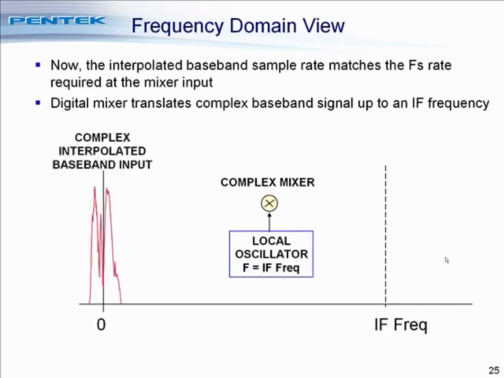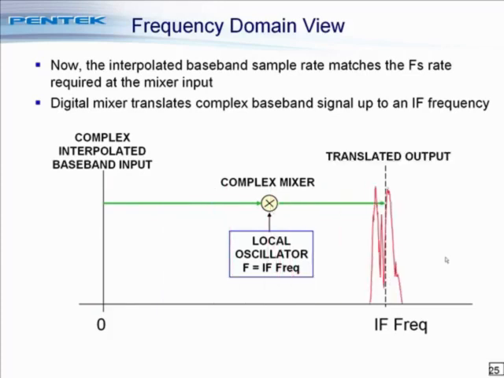So we start here with the complex interpolated baseband input that we just created in the interpolation filter, and we use the complex mixer setting the IF to the local oscillator frequency, so that if I want to translate that baseband signal to 90 megahertz, I set the local oscillator to 90 megahertz. And it translates the zero frequency, center frequency of the complex baseband input, and adds 90 megahertz to it, or translates it up in frequency. So again, the translated output appears at the IF frequency.